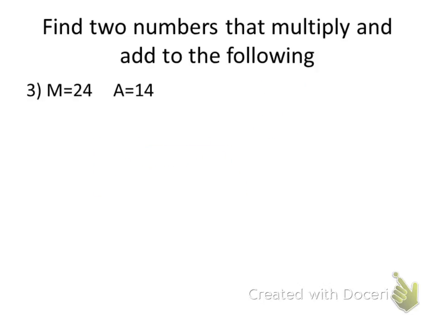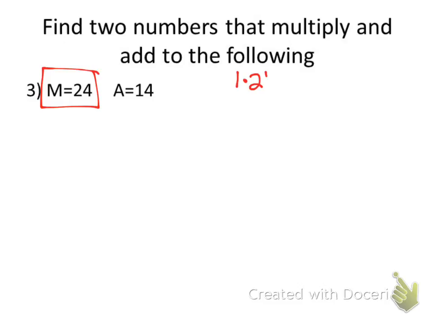All right, here is number 3. So still in the land of all positives. This is where things are good. Don't have to worry too much. So there's 2 numbers on the board. Multiply to 24, add to 14. Which one do I want to start with on my factor sheet? The 24. This is always your starting number. I'm going to write them out over here.